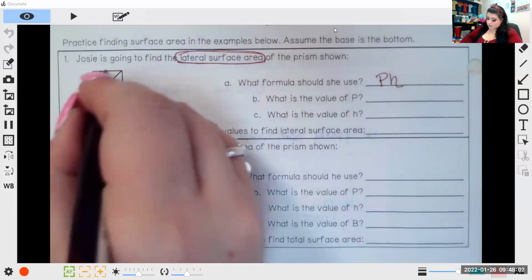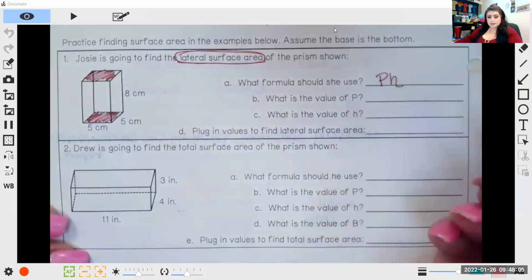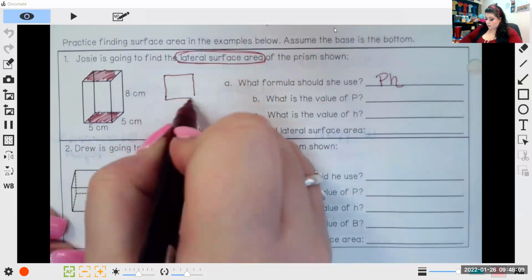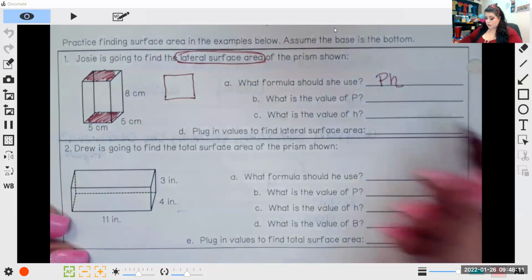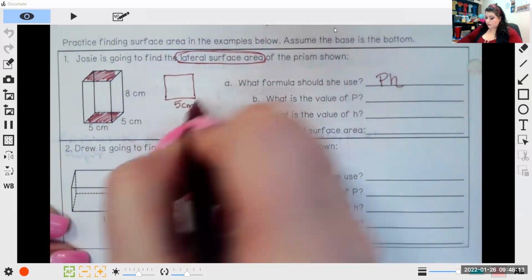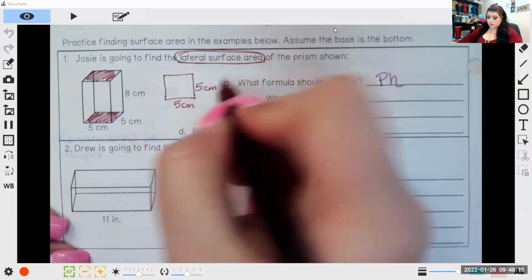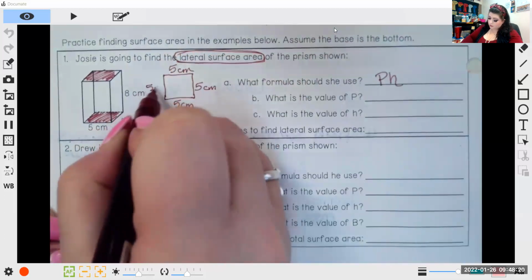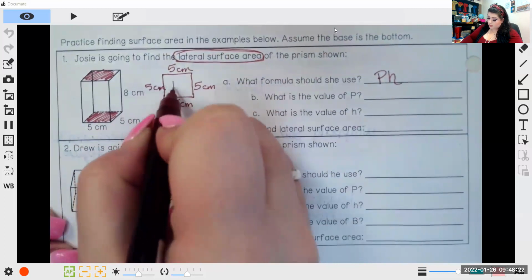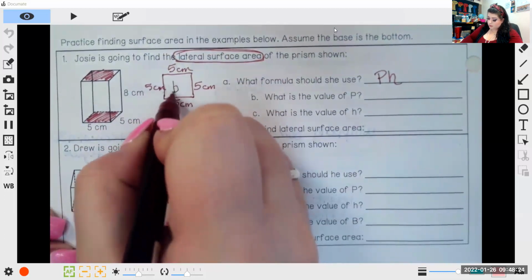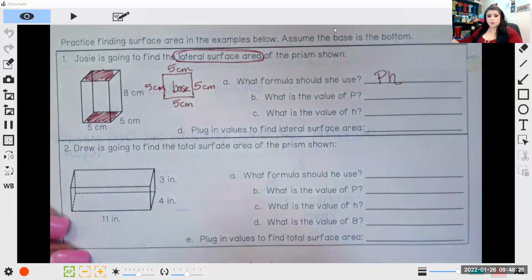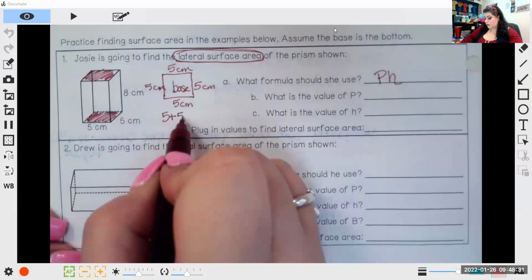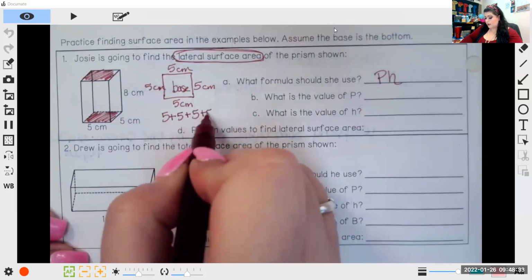So I'm going to take this out and redraw it for you. Here's my base. I have 5 centimeters here, 5 centimeters here, 5 centimeters here, and 5 centimeters here. This is my base, and we know with perimeter, we add up all the sides. So I'm doing 5 plus 5 plus 5 plus 5.